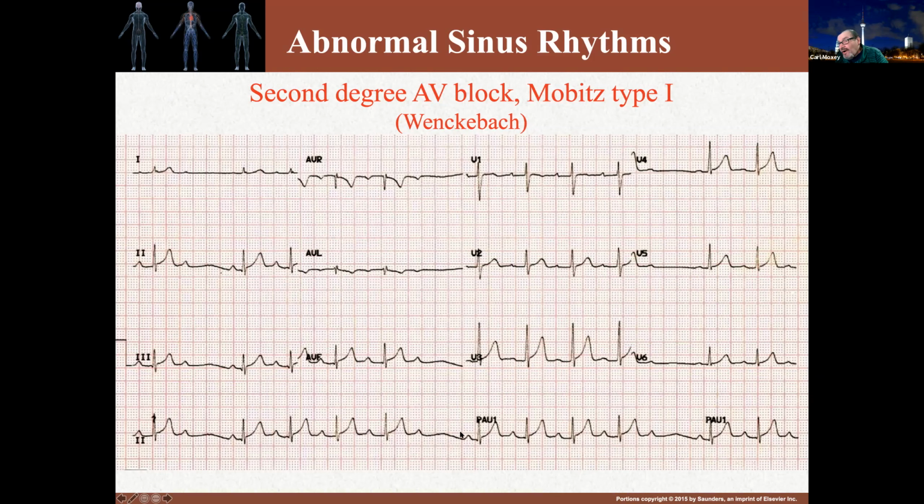So it goes short, longer, longer, longer, longest, and so on. It looks like we're dropping every fifth P wave. So we go 1, 2, 3, 4 with an elongation of the PR interval, and then the fifth P wave gets dropped.